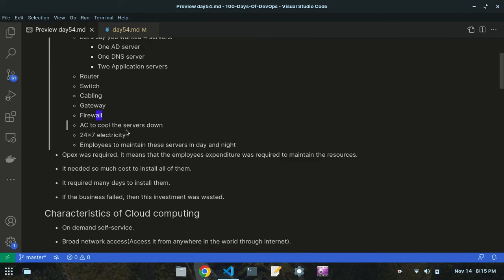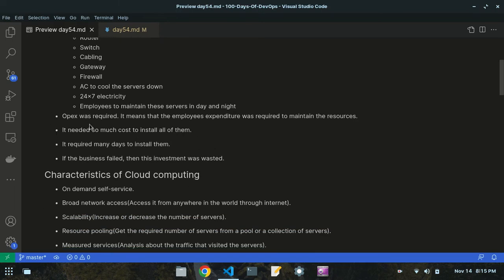After that you also required 24/7 electricity. Employees were required to maintain those servers day and night, and OPEX was required. It means that the employees' expenditure was required to maintain the resources. To hire the employees you need to pay for them.